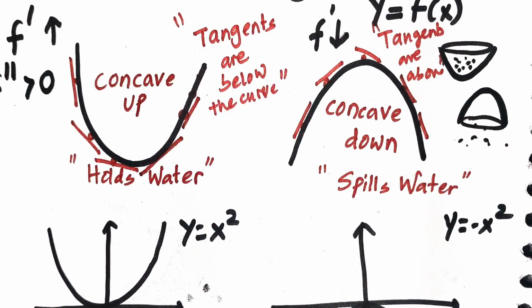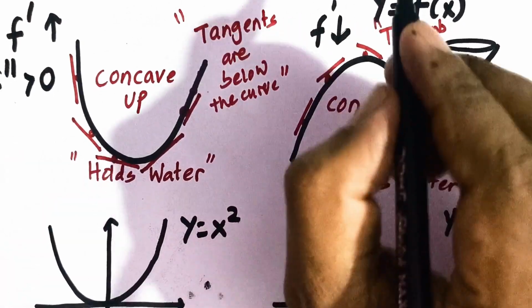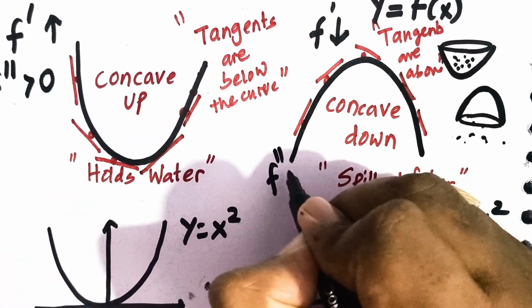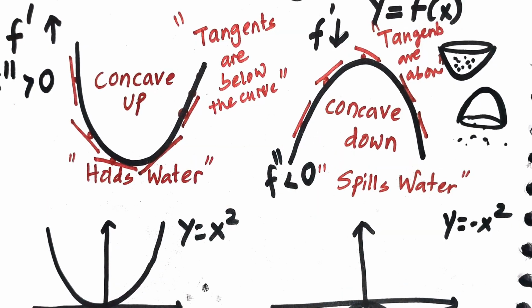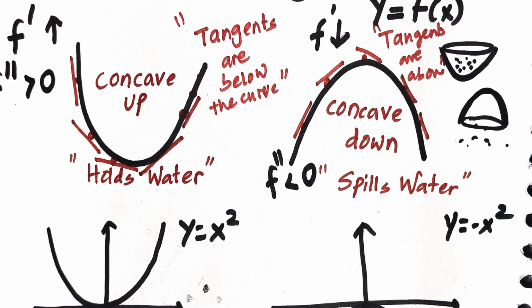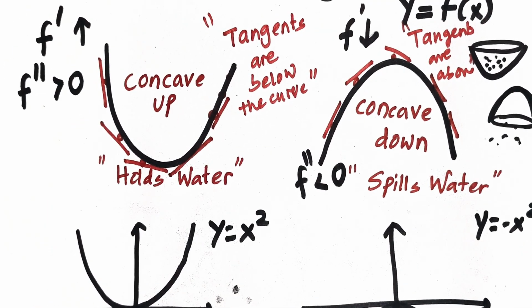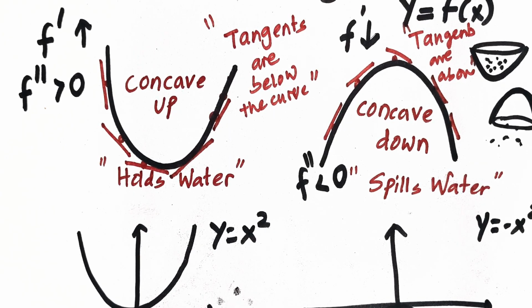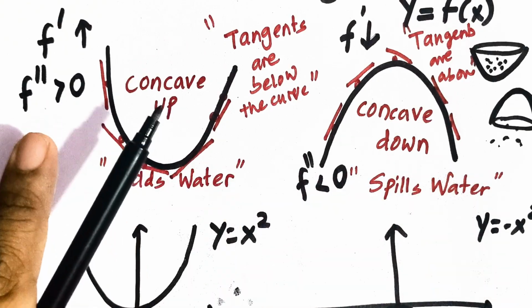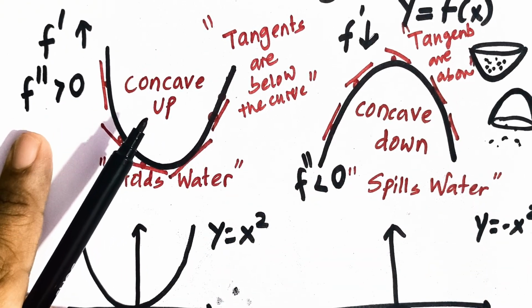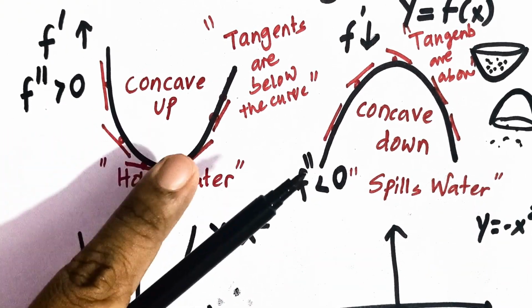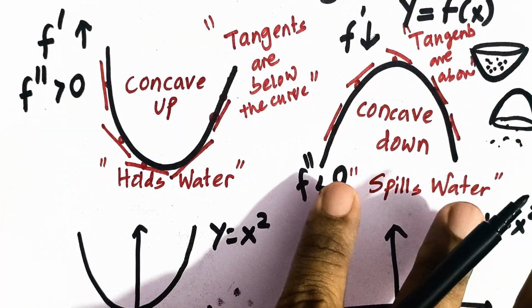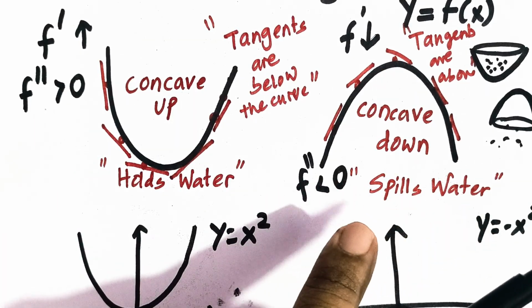And when the derivative is decreasing, its derivative f double dash is less than 0. So we can use the derivatives to find in which region our graph is concave up or concave down. If we are dealing with double derivative, if in some region the double derivative is always positive, then that region is concave up. And if in some region the double derivative is negative, then that is concave down.